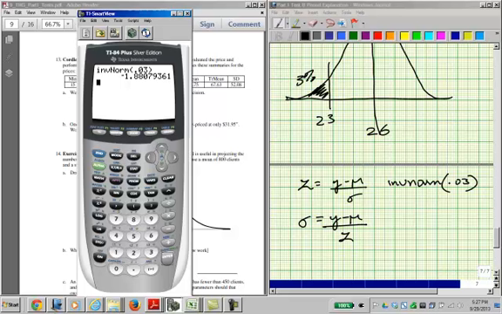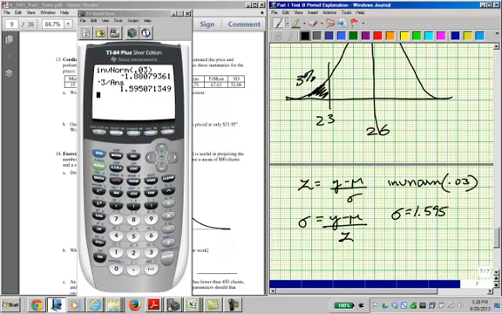So we'll take negative 3, and we're going to divide it by that answer. Okay, so now sigma must equal 1.595, or about 1.6.